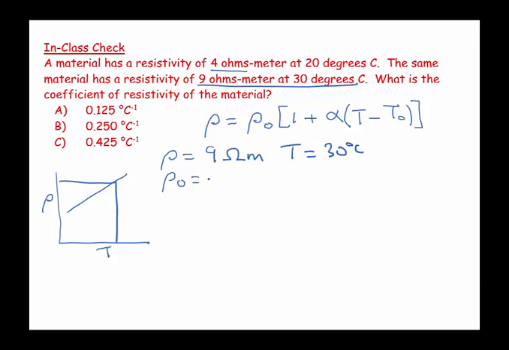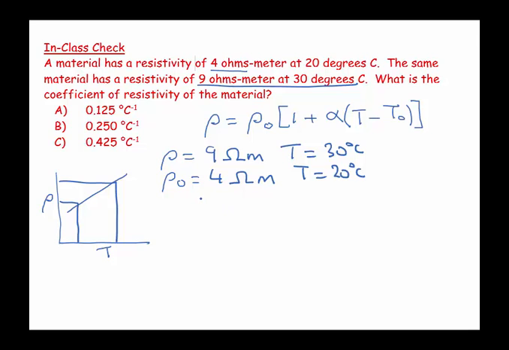And then the old resistivity, or the standard resistivity, is 4 ohm meters, and that corresponds to a temperature there, and that would be somewhere like that. And so I want to find out this coefficient.